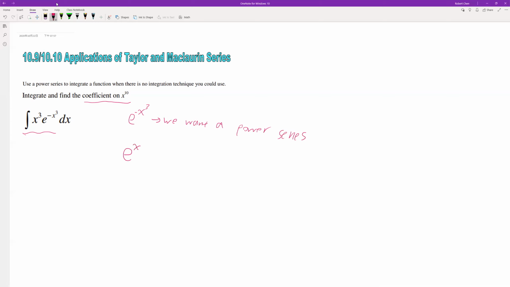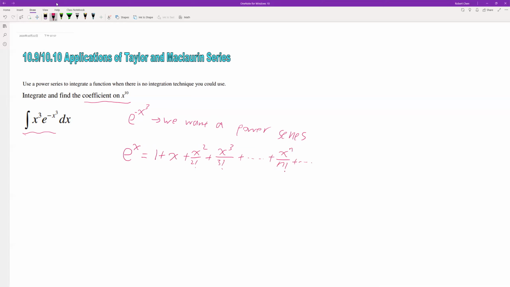e to the x is one of the nice ones that we know, and it looks like this: 1 plus x plus x squared over 2 factorial plus x to the third power over 3 factorial plus dot dot dot x to the n over n factorial.